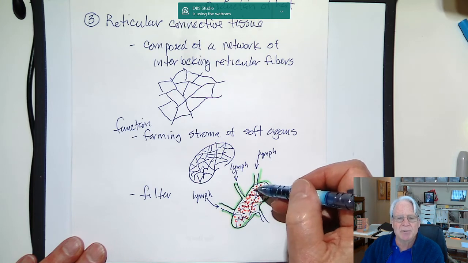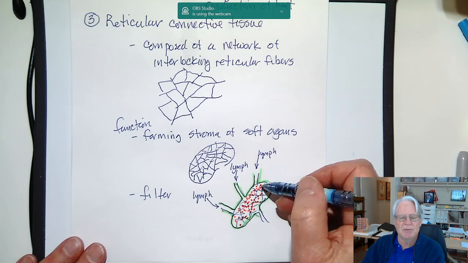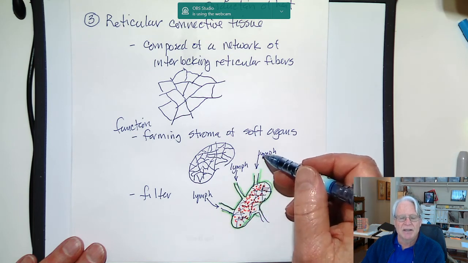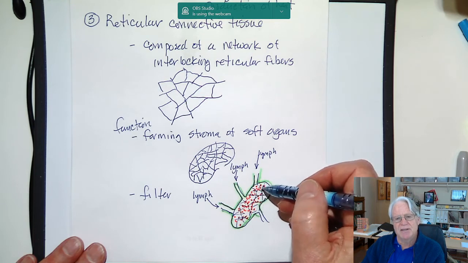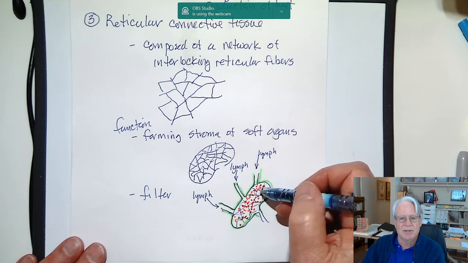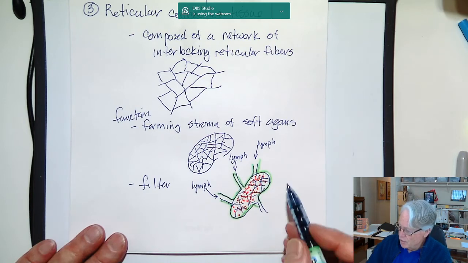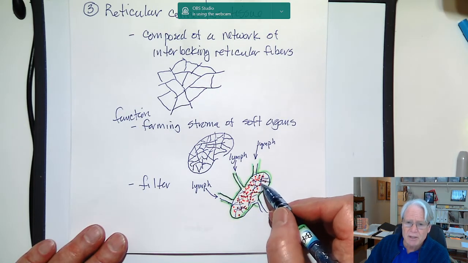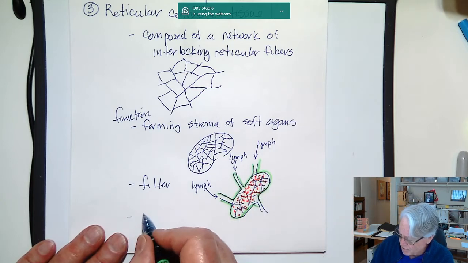And the reticular fibers are offering a place to hold the cells of the immune system in place so they stay here. And so any bacteria that's passing through has a chance to come into contact with the cell that can recognize it, that's part of your immune system, and then you can respond to that pathogen. So it's going to be filtering that fluid and acting as a framework to hold cells.